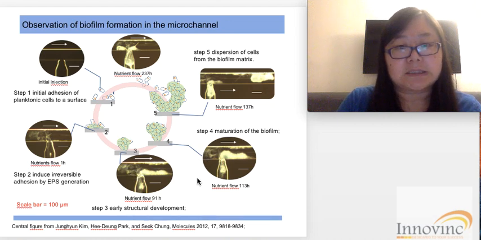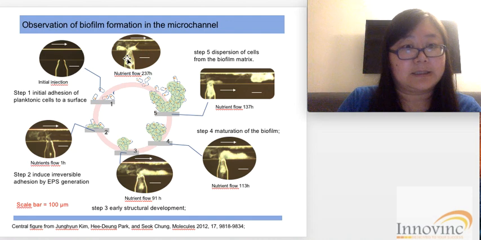The biofilm grows and matures, and then because of the shear stress, it might detach from the matrix. As we continually inject the nutrient, the biomass goes into another life cycle. They regrow and form biofilms.